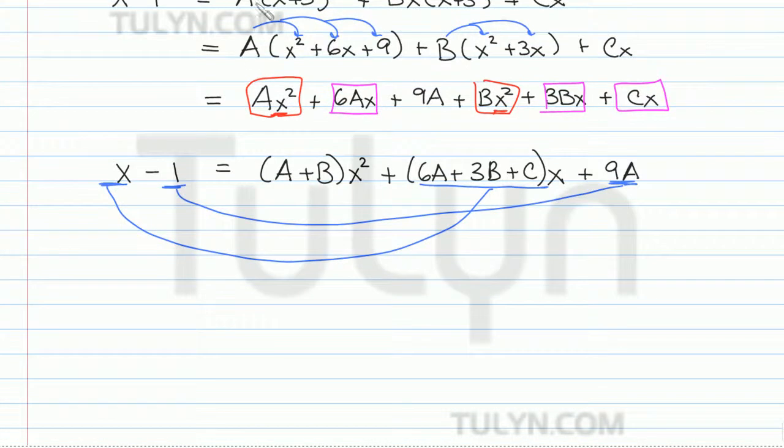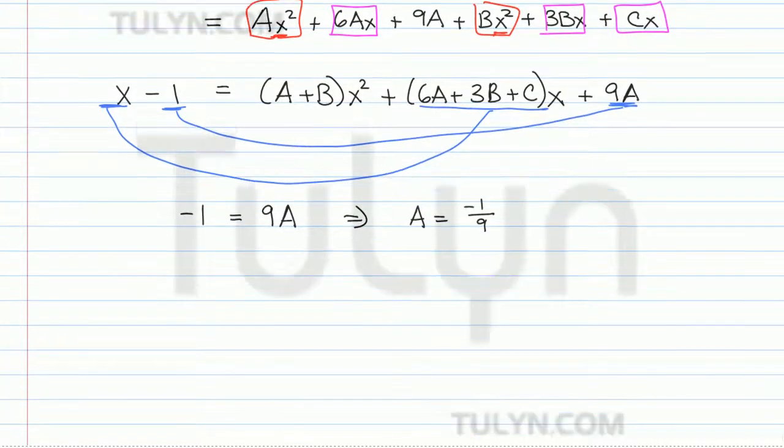So let's start solving. Since it seems like negative 1 equal to 9A is the easiest thing to solve for, let's do that first. So the constant coefficient on the left is negative 1, and that has to be equal to the constant coefficient on the right. So negative 1 is equal to 9A, and then dividing both sides by 9, we get that A is equal to negative 1/9. Okay, great.